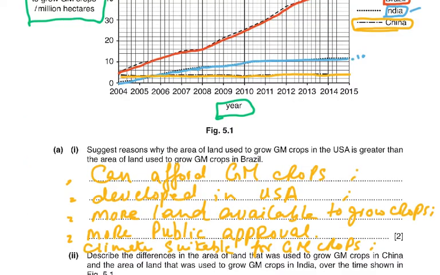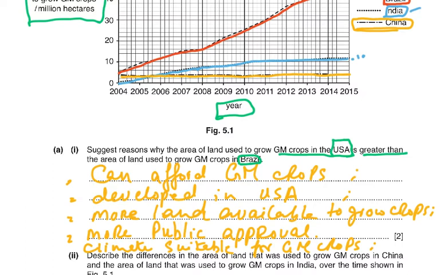Part A1 says: suggest reasons why the area of land used to grow GM crops in the USA is greater than the area of land used to grow GM crops in Brazil. They don't expect you to know a bit of geography, I guess. So: can afford GM crops developed in USA, more land available to grow crops, more public approval, because in certain countries like Europe the public doesn't allow you to grow GM crops, and they're very clear-headed.